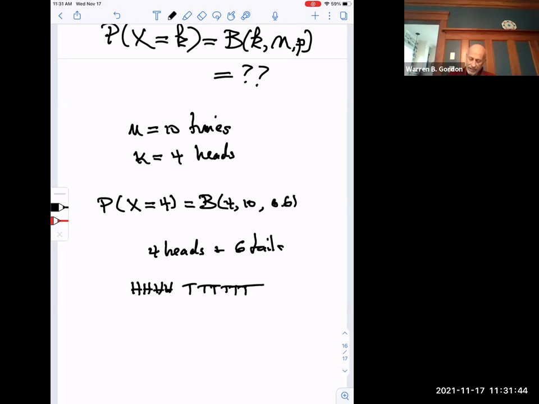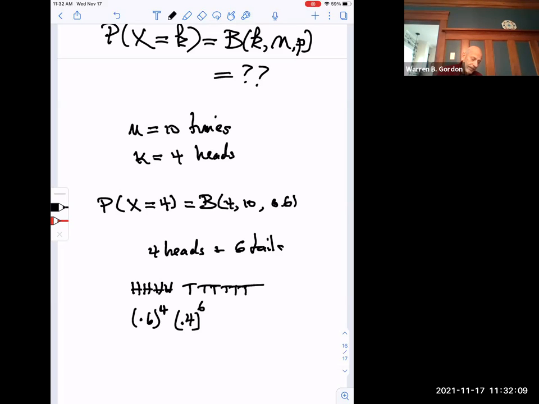And by the way, the probability of getting a head was 0.6. Right, I got 6 tails and 4 heads. So if I got 4 heads followed by 6 tails, by independence, I would have gotten this product.